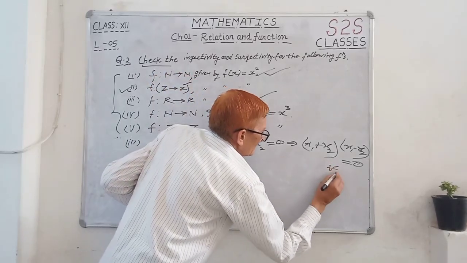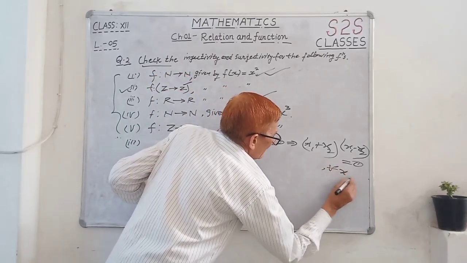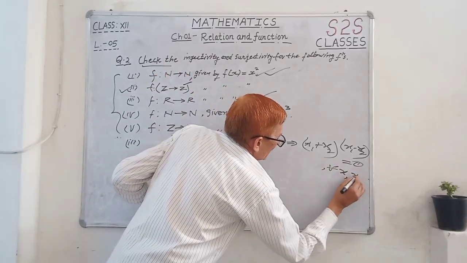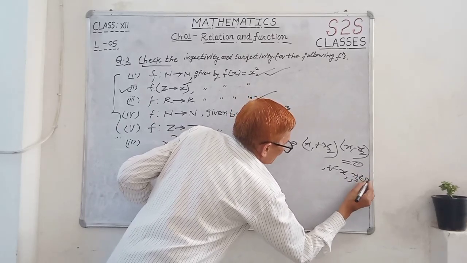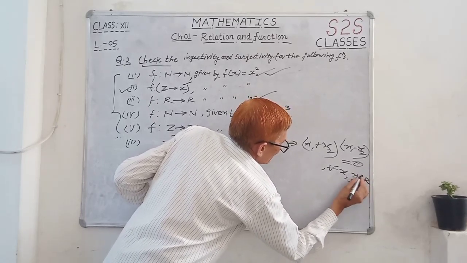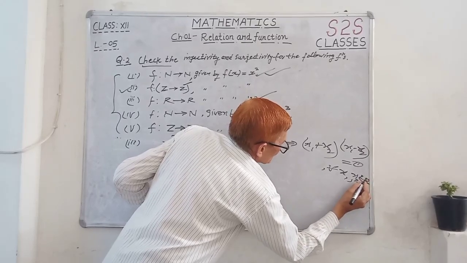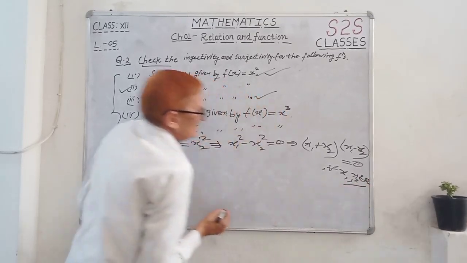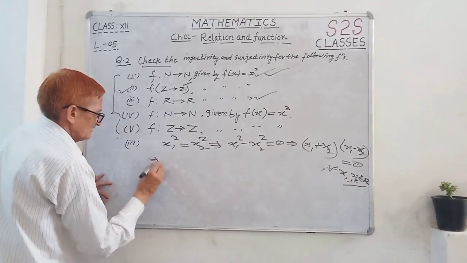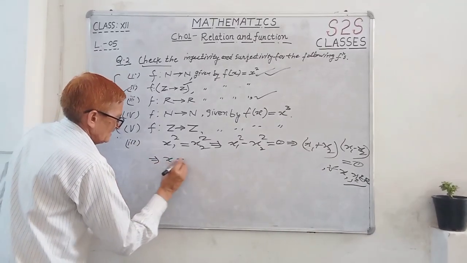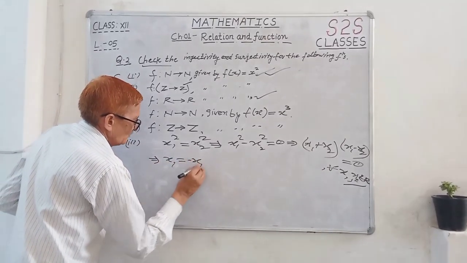For every x1, x2 belonging to the real numbers, this implies x1 is equal to minus x2.